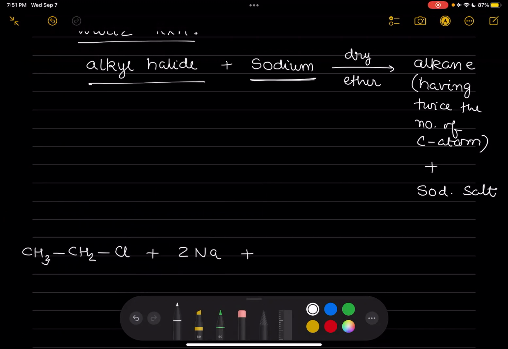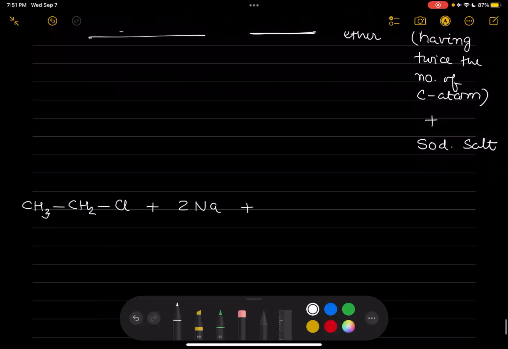Because you have taken 2 Na, the 2 Na will combine with 2 Cl to give you 2 NaCl. And you need to write the alkyl halide once again, the second molecule of the alkyl halide. This is just a way, not a standard format. I have written this just to make you remember.